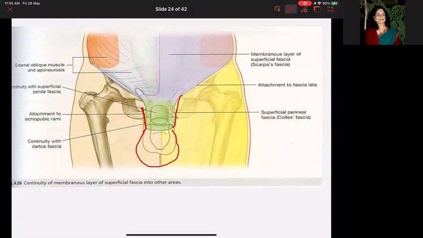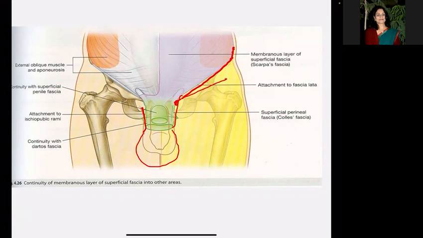And this superficial fascia is attached at the side to the pubic tubercle and a line extending down laterally up to 8 centimeters, and thus this membranous layer of superficial fascia fuses with the fascia lata of the thigh.